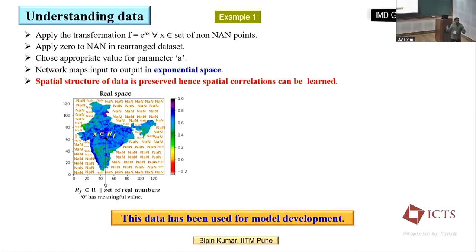Every data has its own characteristics. Yes, you got the point. See, this is almost 70%, I think. And in the model, if you are saying this is all 0, that means you are saying there was no rain. It is not correct.